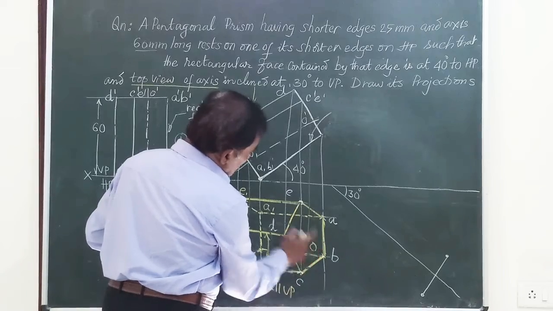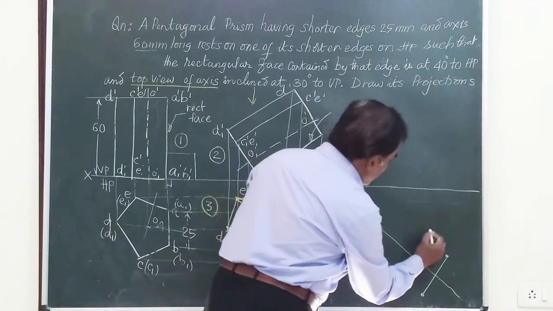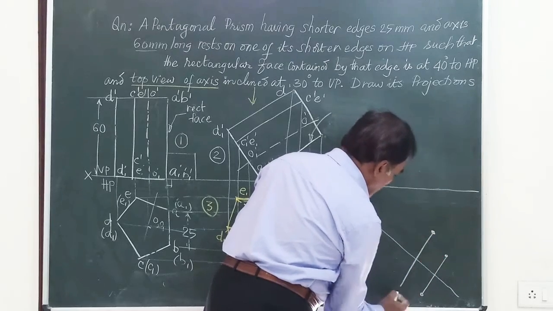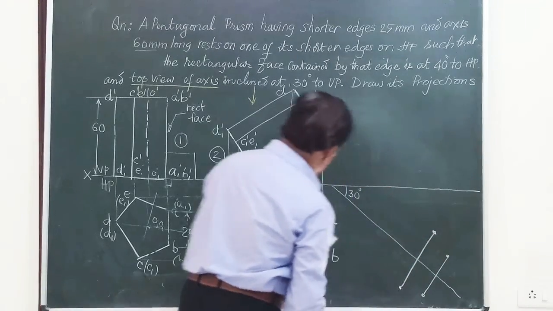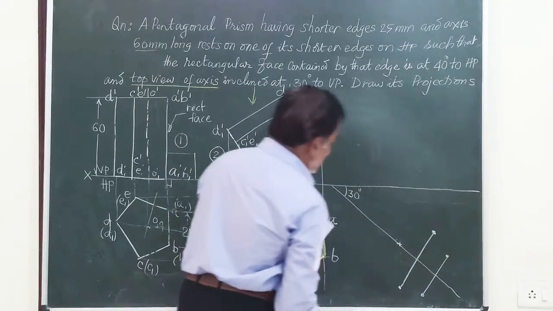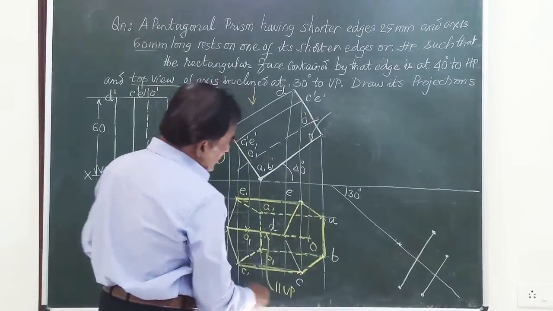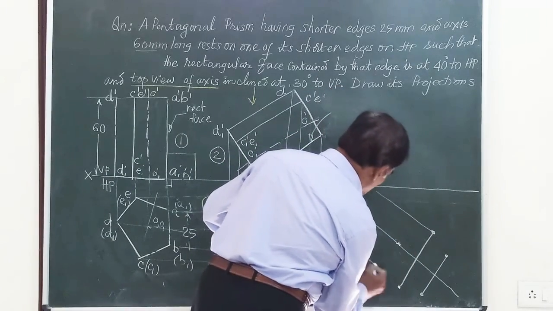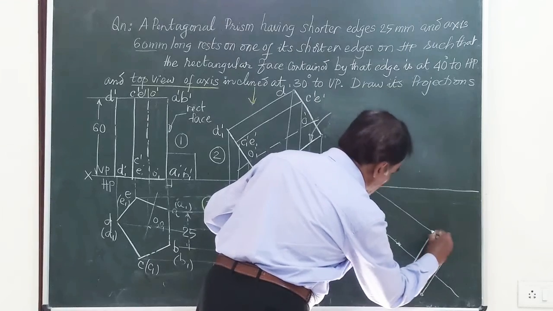Then at this distance I will take and mark E and C, a little bigger than that. Then you have this corner somewhere here. Likewise, you can take E1, C1 on the other end. Obtain all these points one by one.